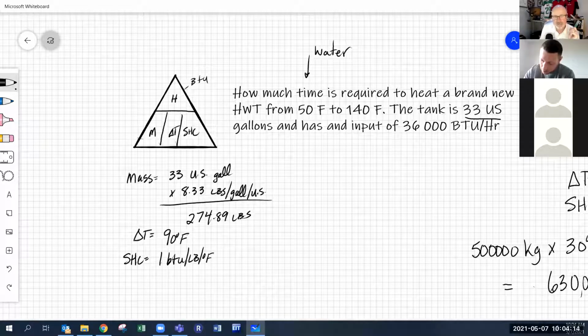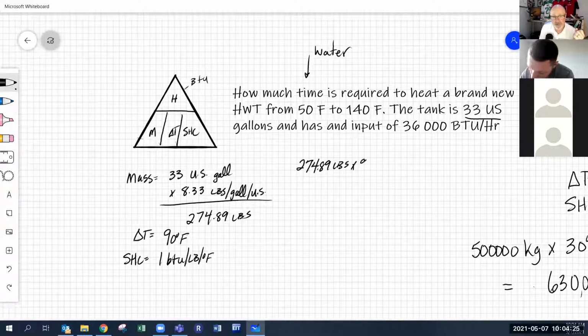Now I can just plunk all of my numbers into my formula: 274.89 pounds, multiplied by 90 degrees Fahrenheit, multiplied by 1 BTU per pound per degree Fahrenheit.